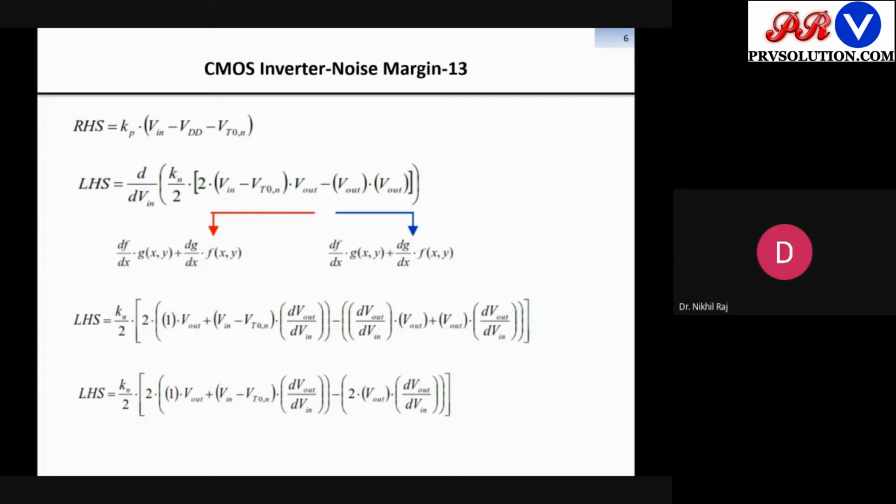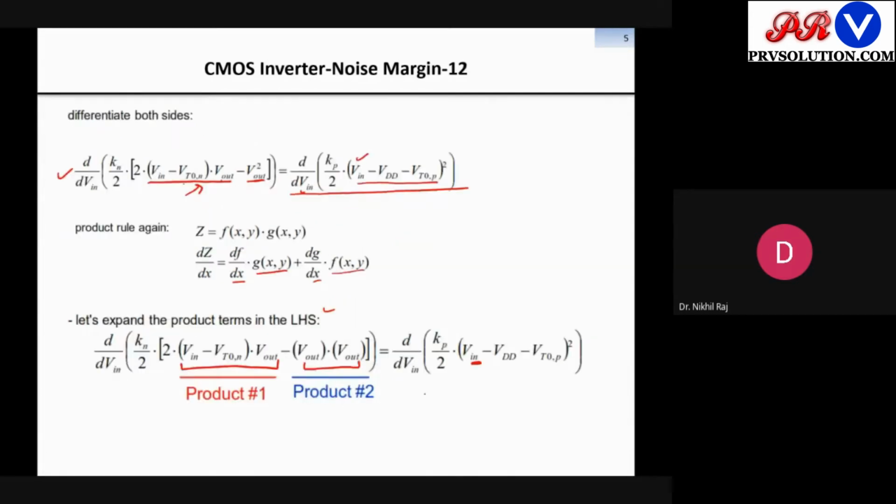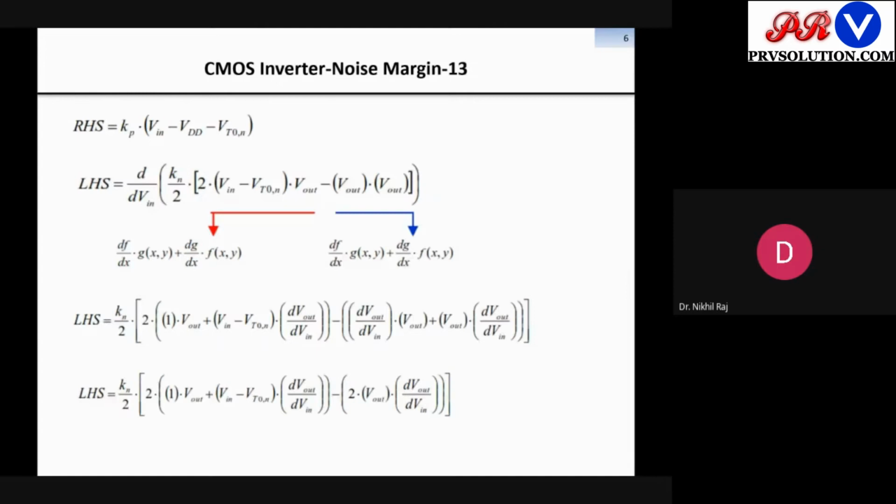The derivative of this will be equal to Kp over 2, this 2 will come out here, into V in minus VDD minus VTP. That's one, so 2 will cancel out. We will get Kp into V in minus VDD minus VTP.